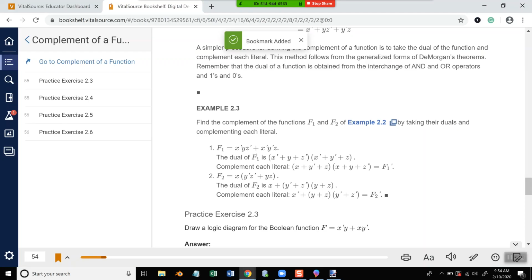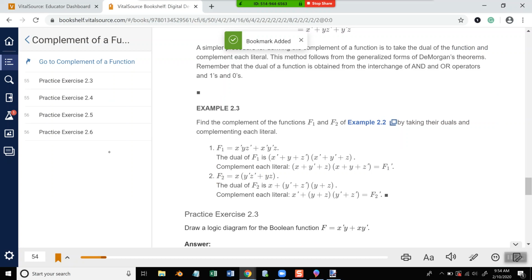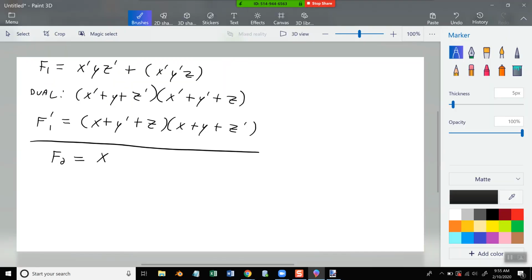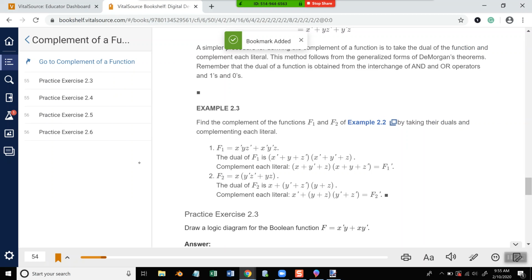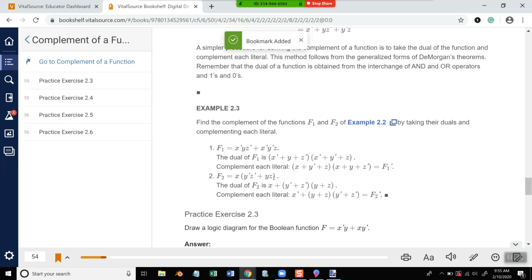Now we do our second example. We had f2 equals x times y prime z prime plus yz.